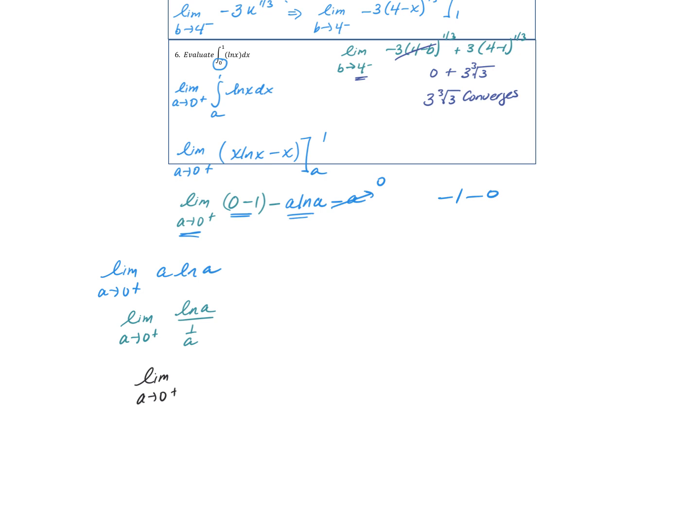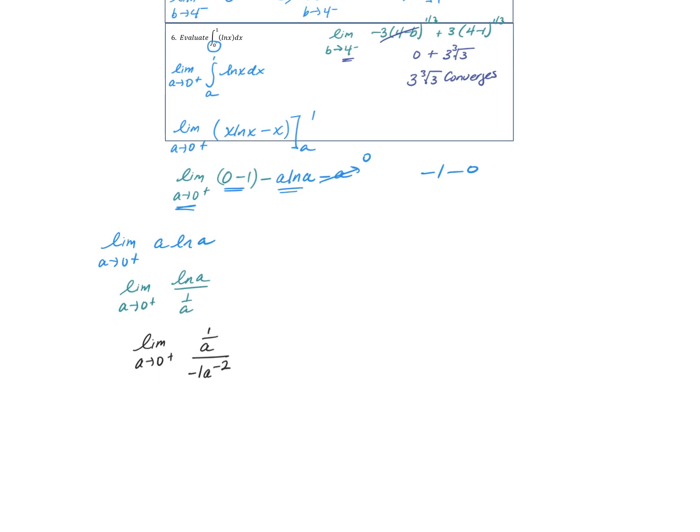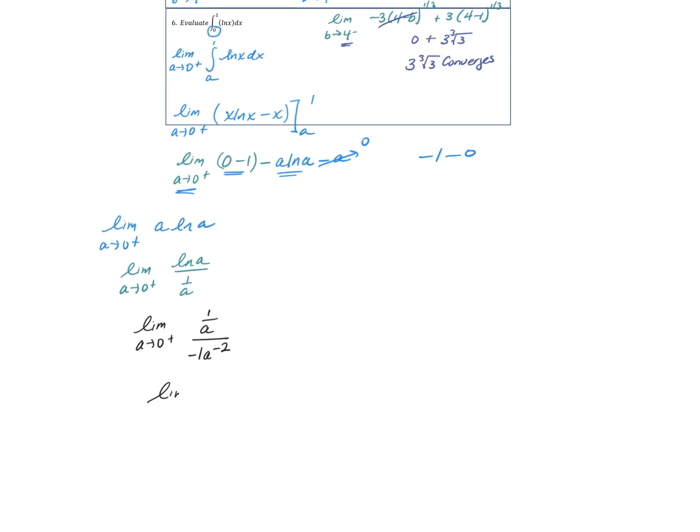Ln of a, remember we do u prime over u. So we get 1 over a for the top, over, this is a to the -1, so we're going to get -1 a to the -2. So I've got the limit as a goes to 0 from the right, 1 over a, I'm going to put the negative up here, 1 over a squared, flip, a squared over 1.